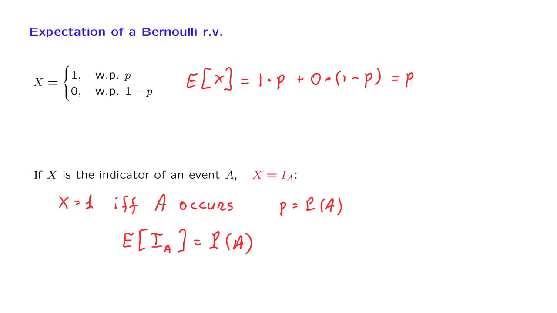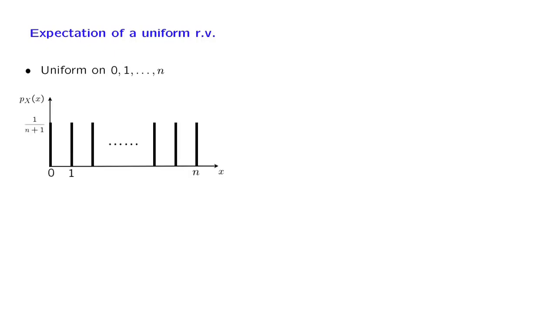Let us move now to the calculation of the expected value of a uniform random variable. Let us consider, to keep things simple, a random variable which is uniform on the set from 0 to n. It's uniform, so the probability of the values that it can take are all equal to each other.